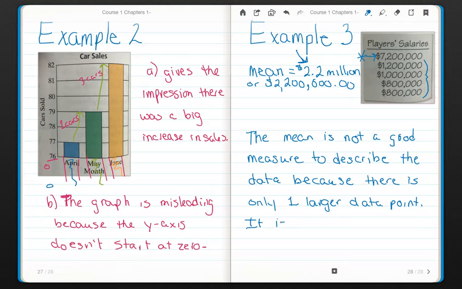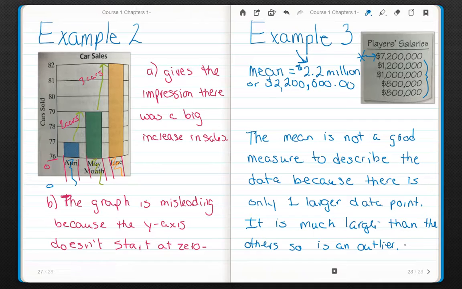It is much larger than the others. So it is an outlier.